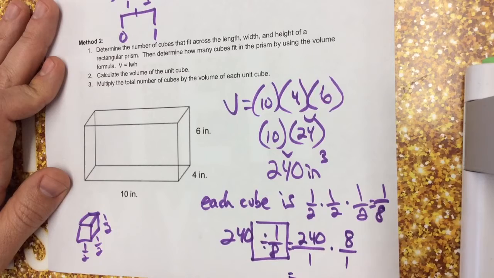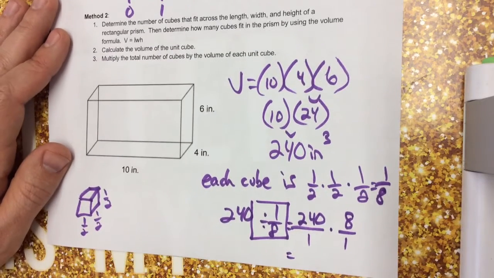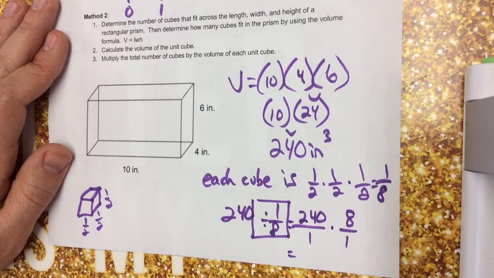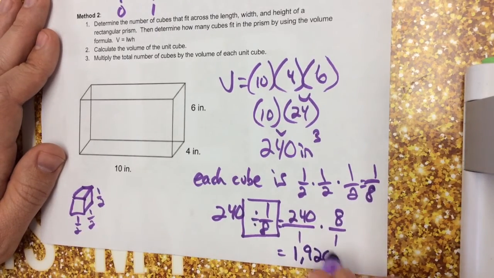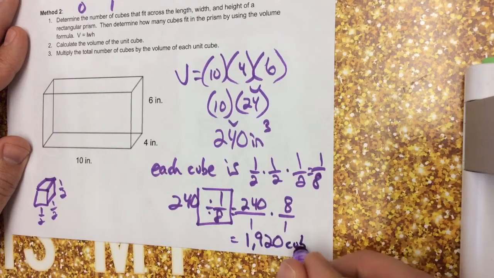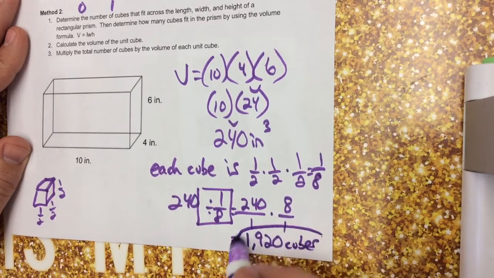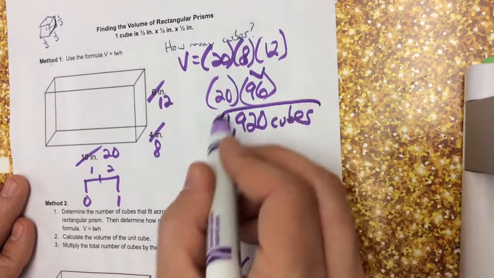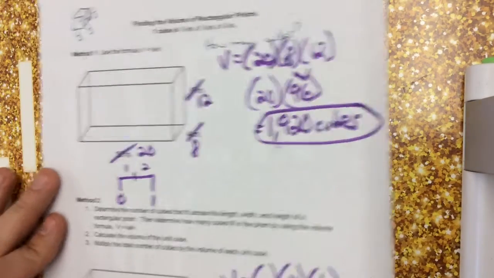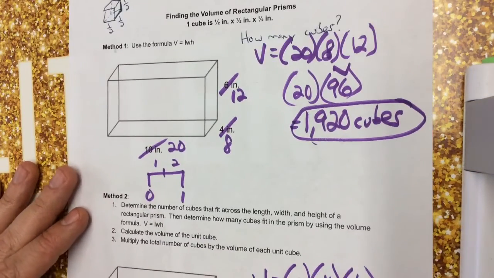And by multiplying 240 times 8, and yes, I'm using a calculator to check my work, that is 1,920 cubes, which gives us the same as method number 1. So that's how you would solve that using whole number values.